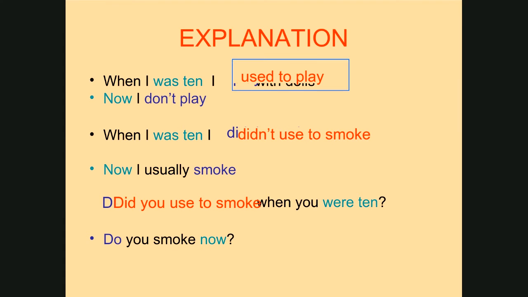Now I don't play. So it means that because it was a habit, it was something that you used to do in the past. Which past? Only when I was 10. When I was 10, I didn't used to smoke. Didn't and the verb in infinitive. Now I usually smoke, so it would be the contrary. Something to compare: Did you used to smoke when you were 10? Do you smoke now?